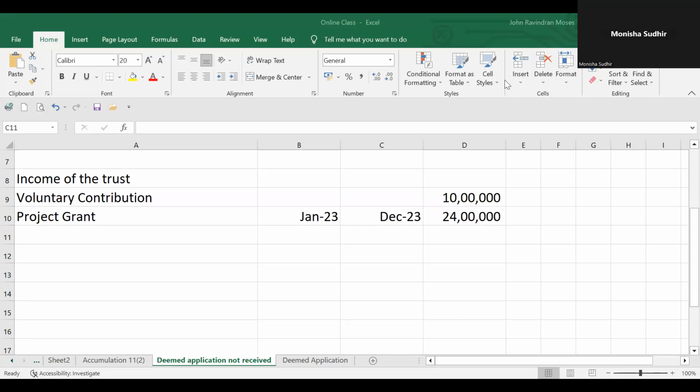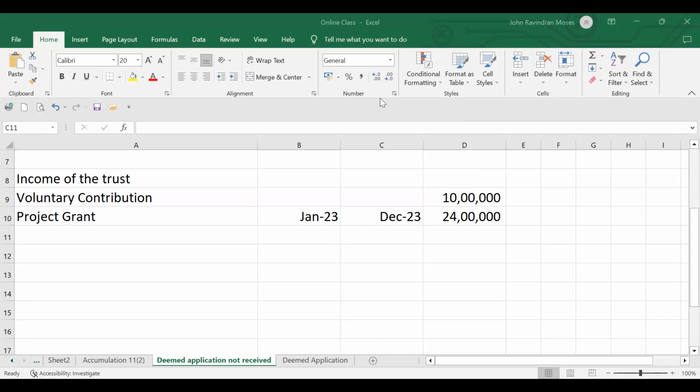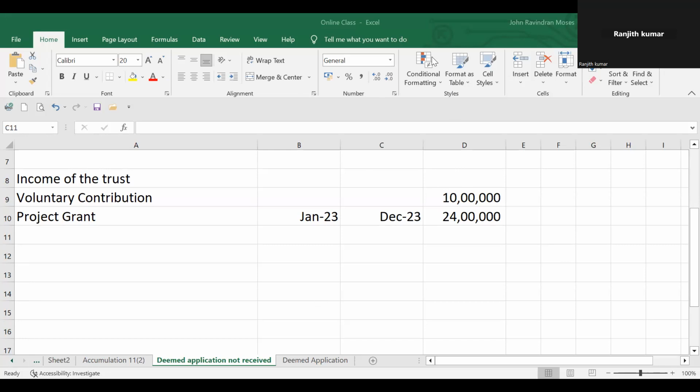Is it visible? Yes, sir. If you can put a message in the chat box, it will be helpful to me. I'm not seeing any response at all. Are you able to see my Excel? Yes, sir. Okay, thank you, ma'am, thank you.